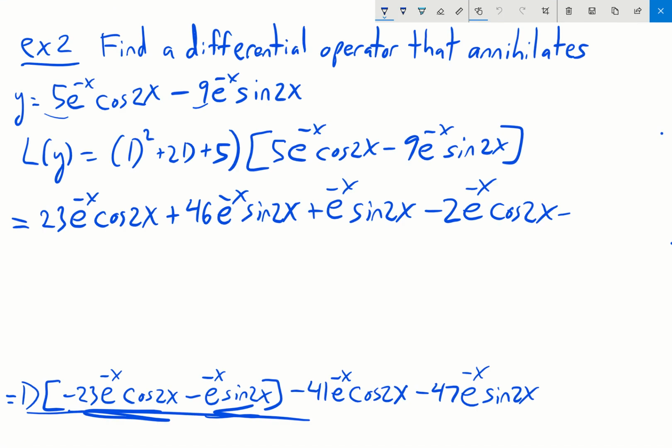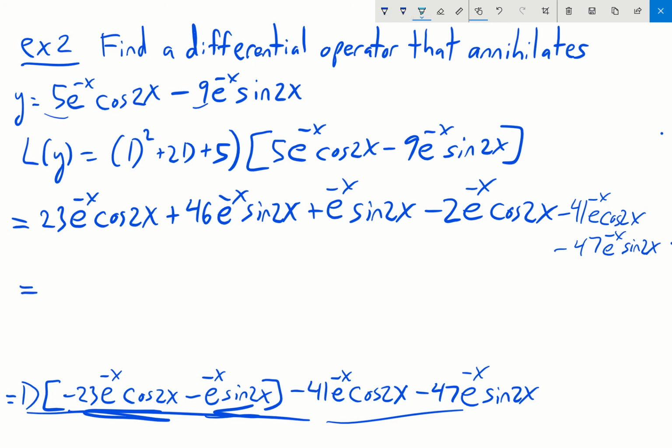Minus 41, so don't forget we need to copy these parts down, minus 41 e to the negative x cosine of 2x minus 47 e to the negative x sine of 2x.